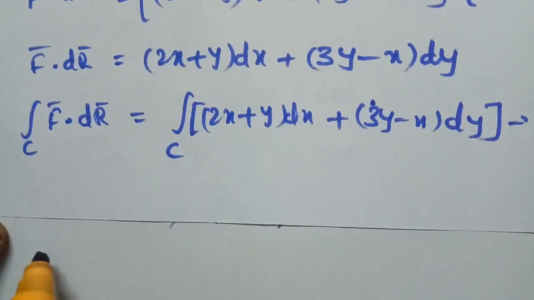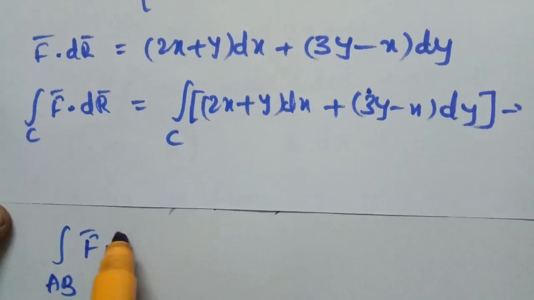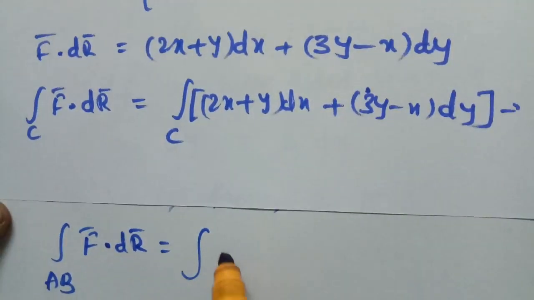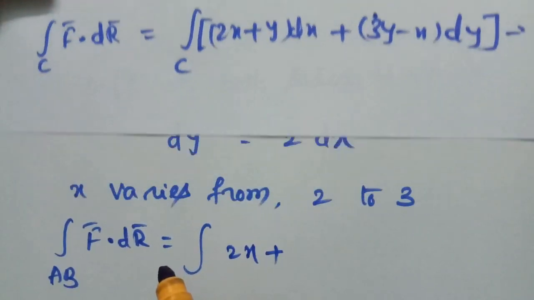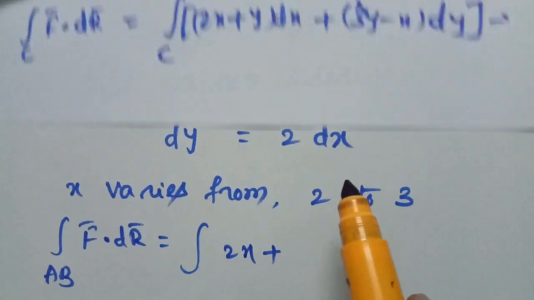Now, the integration along AB of f bar dot dr bar is the integral of (2x + y) dx + (3y − x) dy. Here, y is equal to 2x − 4.